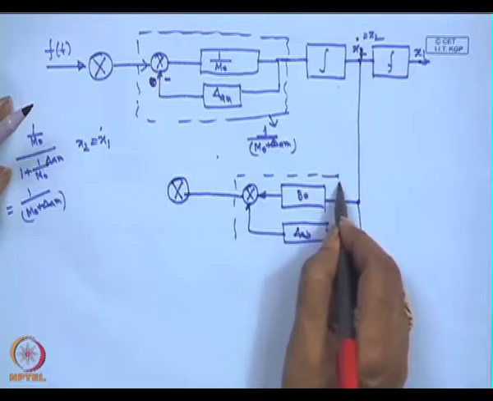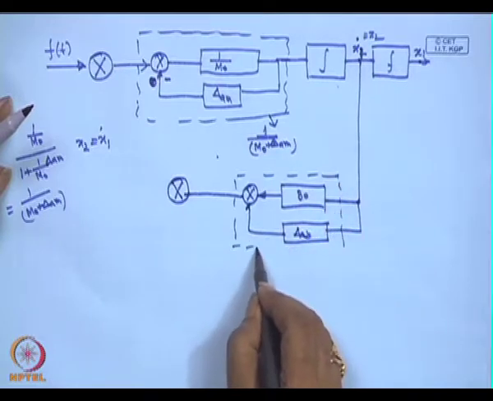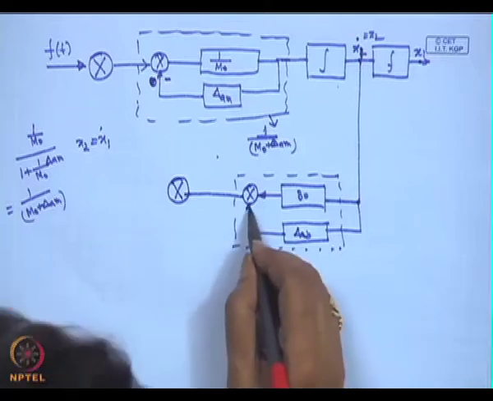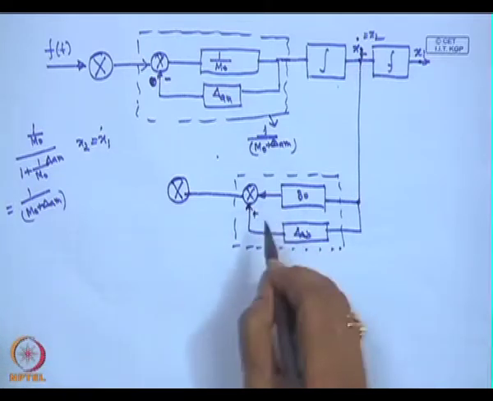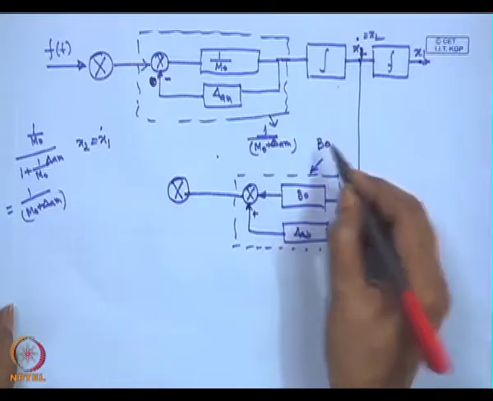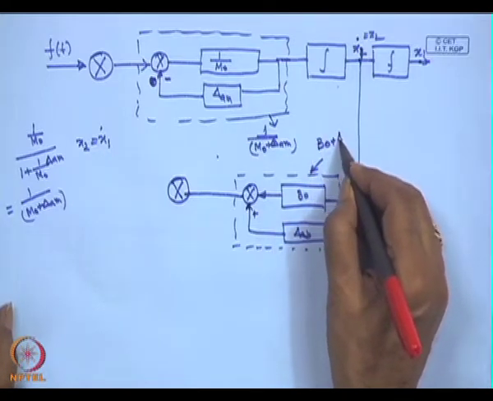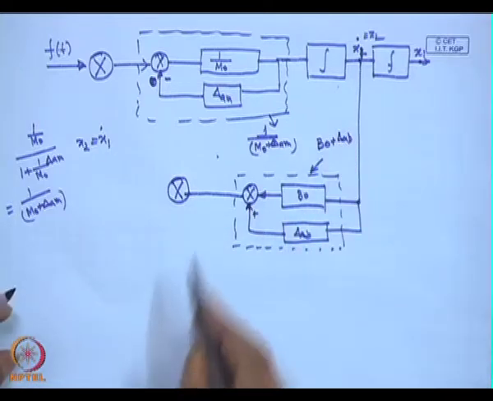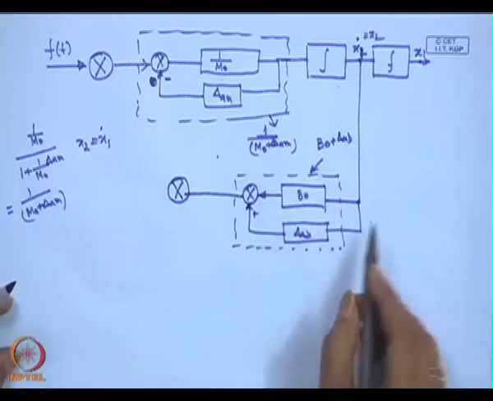We will get it. This is the positive feedback. So, this is nothing but B 0 plus delta A B. All dotted blocks are the perturbed blocks.